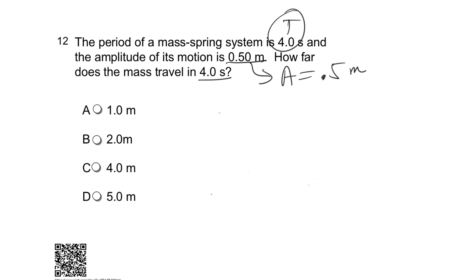Okay, so if you read this problem, the period is 4 seconds. The amplitude is 0.5 meters. And how far does the mass travel? So I'm looking for the distance.